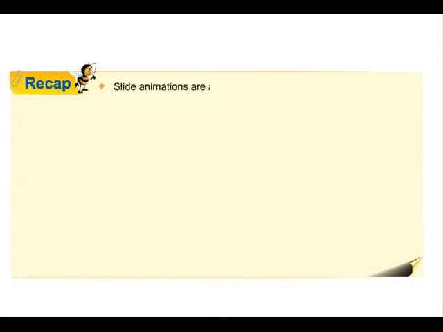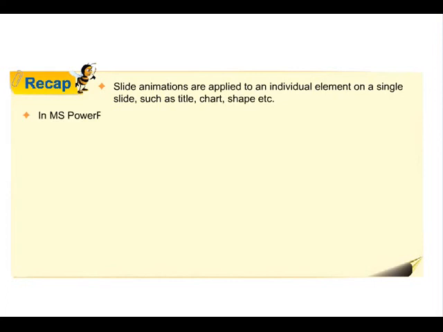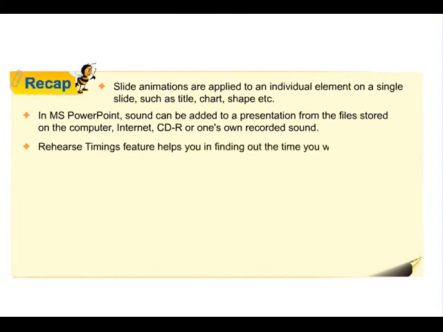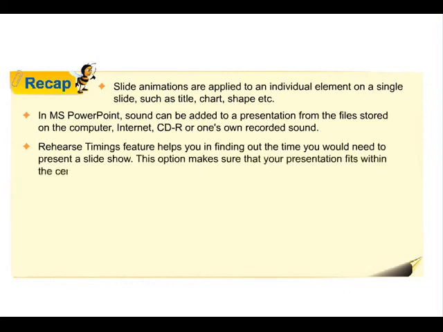Slide animations are applied to an individual element on a single slide, such as title, chart, shape, etc. In MS PowerPoint, sound can be added to a presentation from the file stored on the computer, internet, CD, or one's own recorded sound. Rehearse Timings feature helps you in finding out the time you would need to present a slideshow. This option makes sure that your presentation fits within a certain time frame.